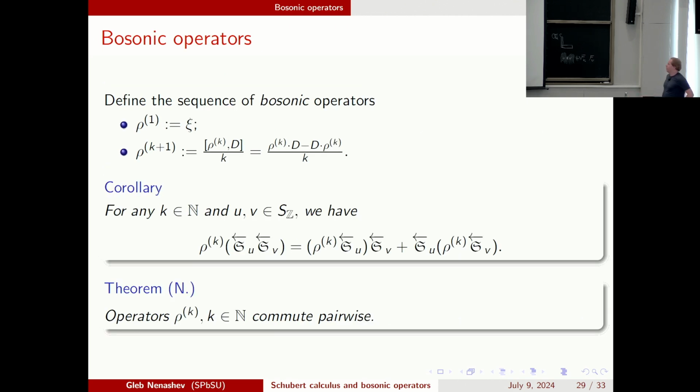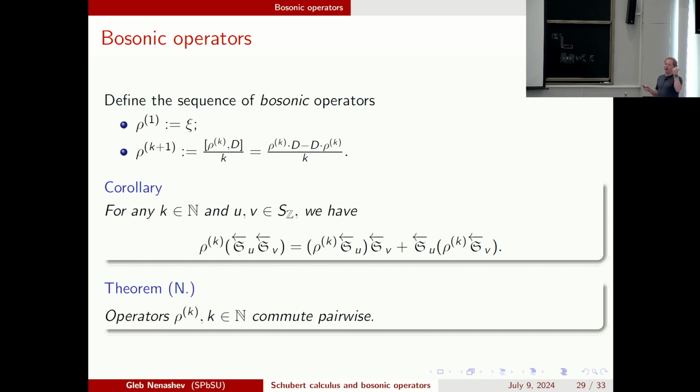Okay, let's speak a bit about bosonic operators. Oh, I have a lot of time. So operator rho 1 is just C. And C and D just multiply by a simple transposition on the left. And usually these operations almost commute.